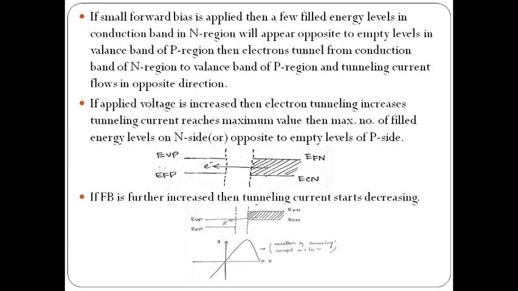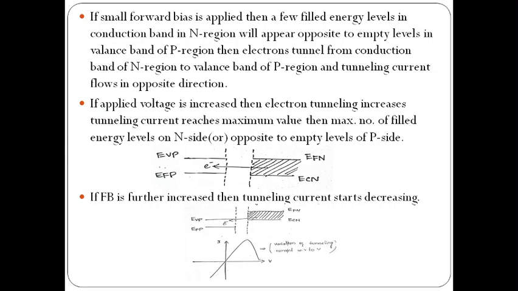Then tunneling current reaches maximum value. So electrons in the conduction band of the N side will move inside the valence band of the P type material.